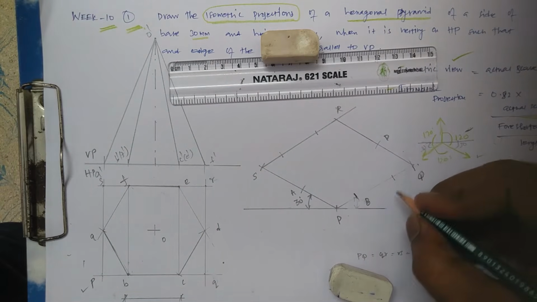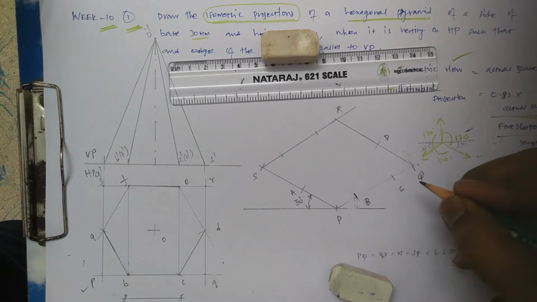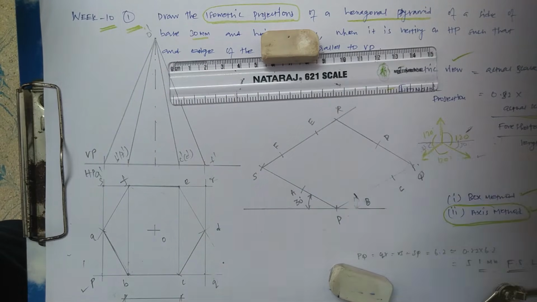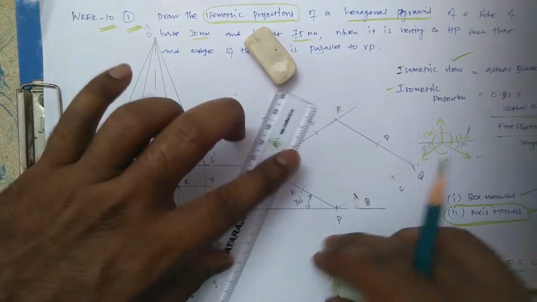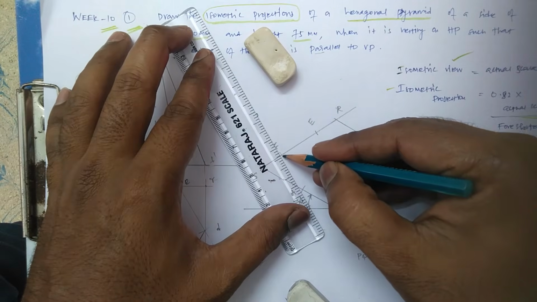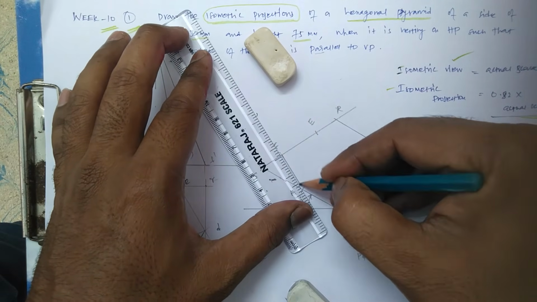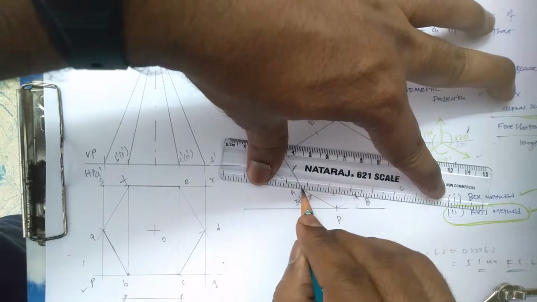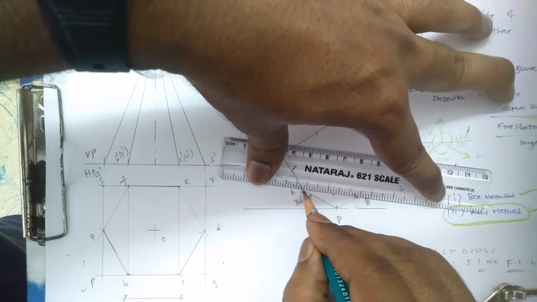So let us name this P, C, E, F, A. So you can connect. It will look like a hexagon in the isometric projection. Okay, so all are foreshortened lengths, very important.